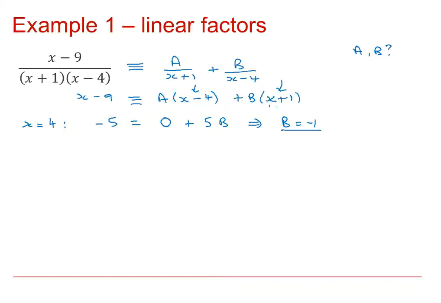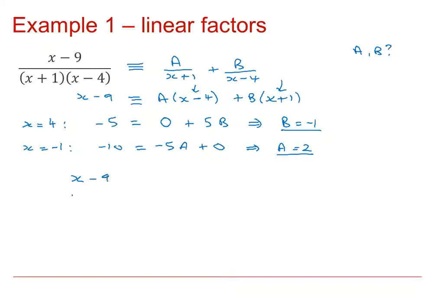Another nice value of x to choose is x equals minus 1. So minus 1 take away 9 is minus 10. Minus 1 take away 4 is minus 5, giving minus 5a. And minus 1 add 1 at the end would give me 0. So a must be 2.